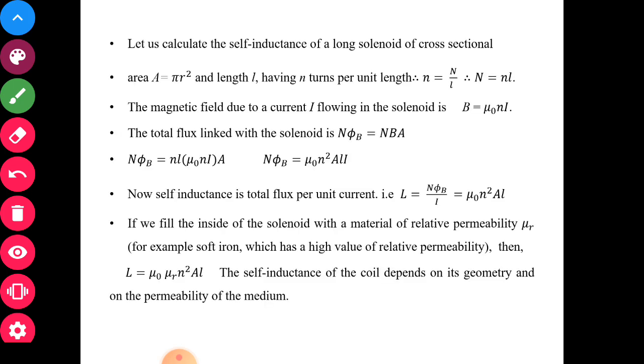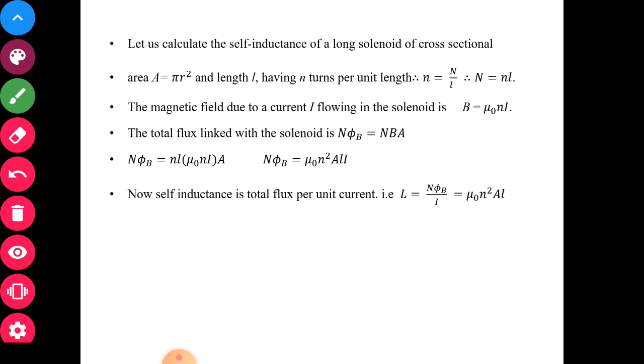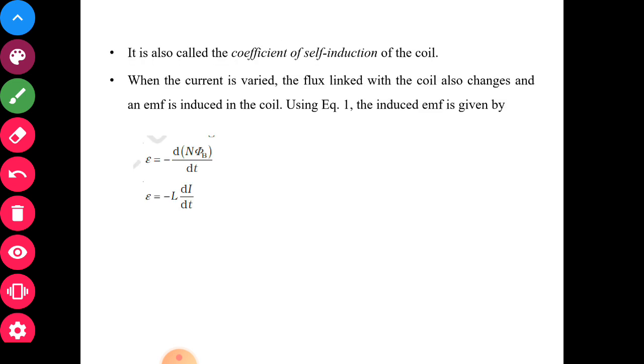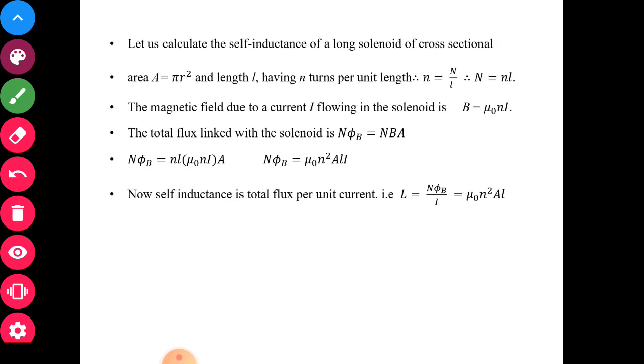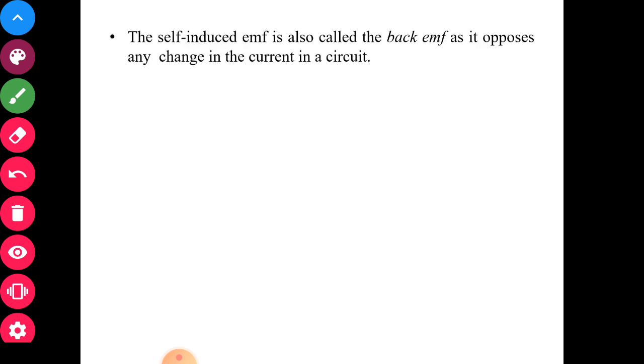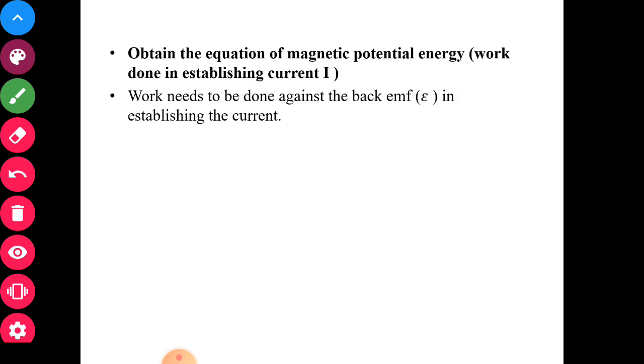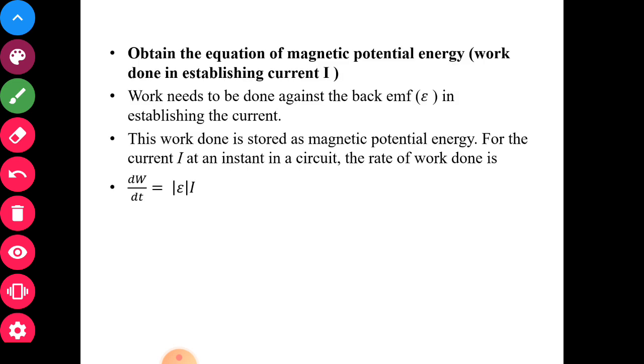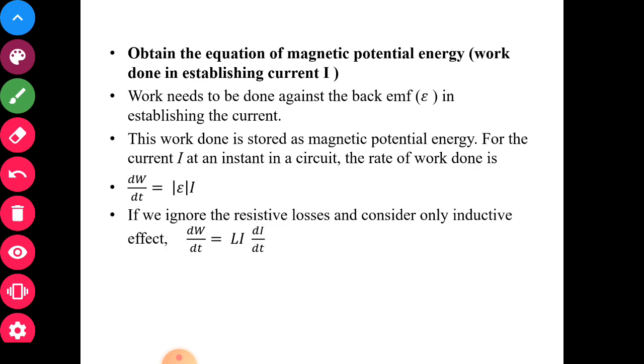Here E is equal to minus L dI by dt; we are ignoring the minus sign and taking only the magnitude. So dW by dt is power, power is voltage into current, and voltage is L dI by dt, with this I kept as it is.